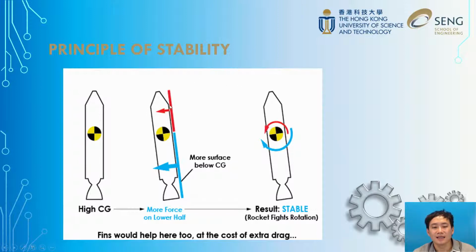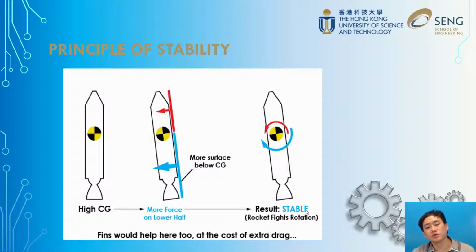And you can see that if we have a center of gravity towards the tip of the rocket, then the restoring moment will be larger than the overturning moment and result in a stable condition, because the end effect is that the rocket will rotate back to the original position due to the restoring moment. So this is how we can achieve a stable condition.